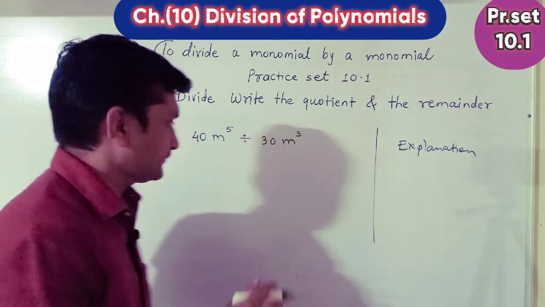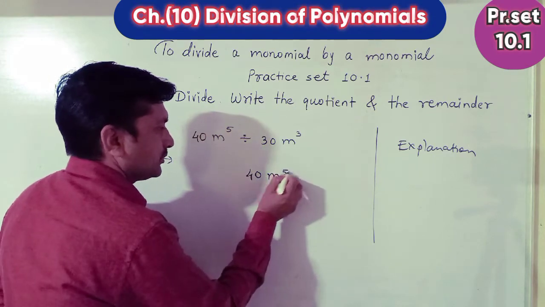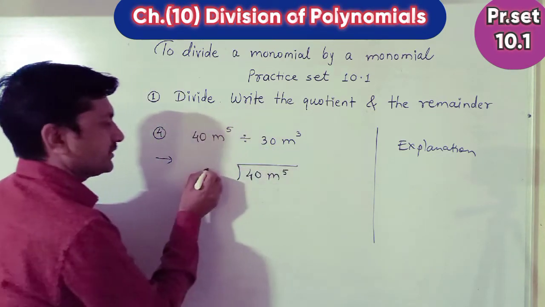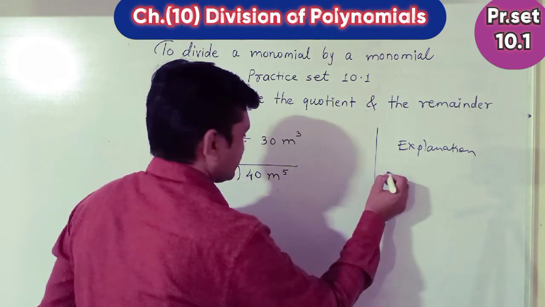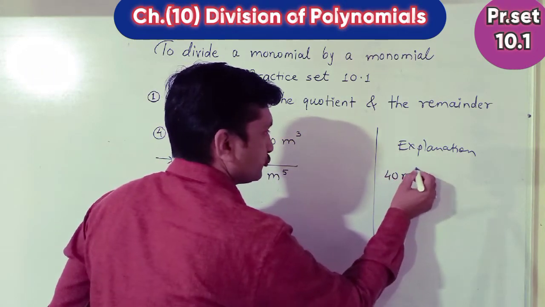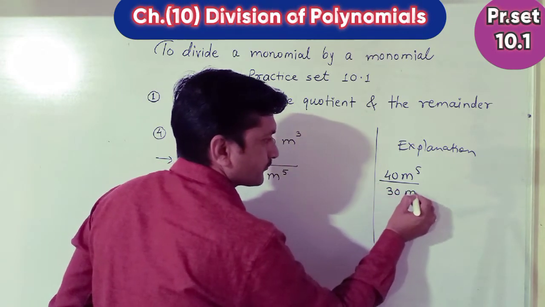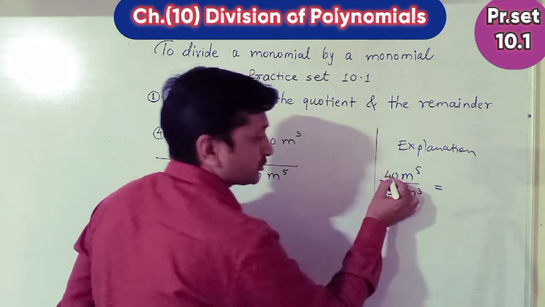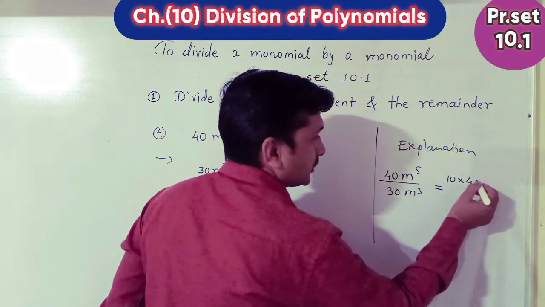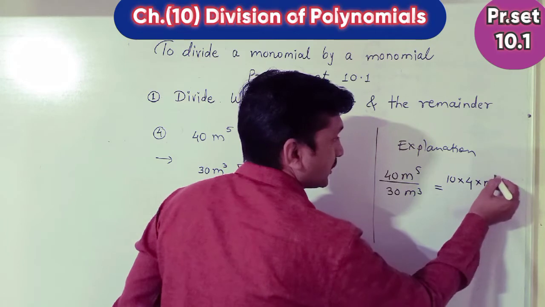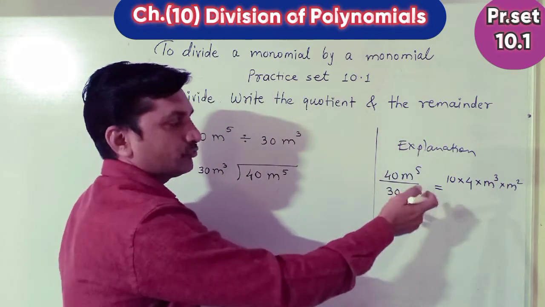Example number 4. 40 m raised to 5 is dividend. Divisor is 30 m cube. Explanation: 40 m raised to 5 upon 30 m cube is equal to, now factors of 40, 10 4s are 40, m raised to 5, we can write as m cube into m square, because it is m cube, for cancellation.